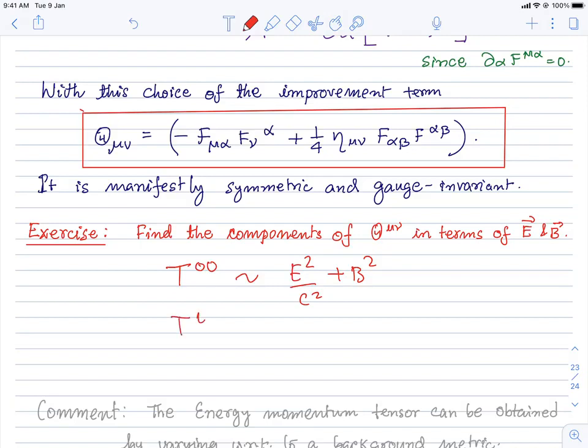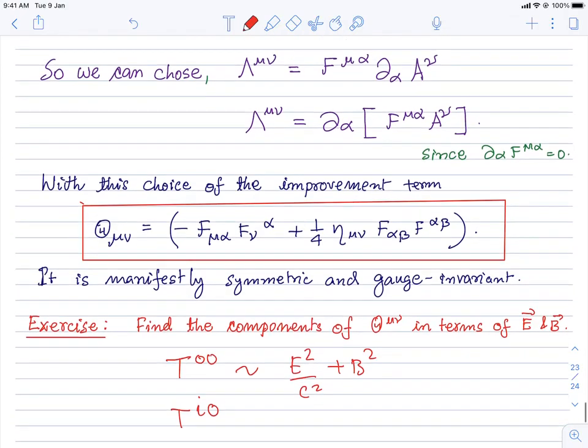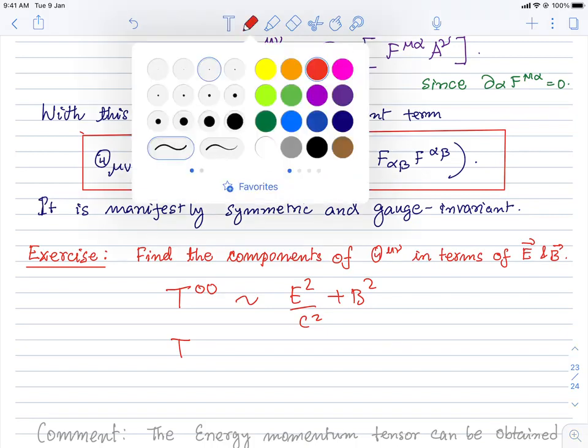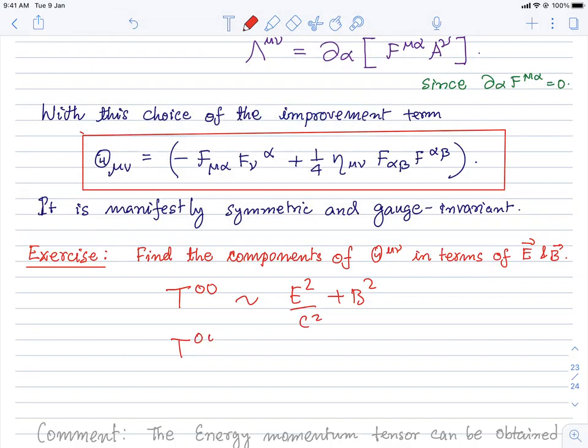And then E^{I0}, let me write first, E^{I0}, this is the energy current.